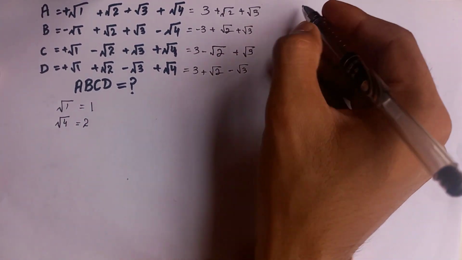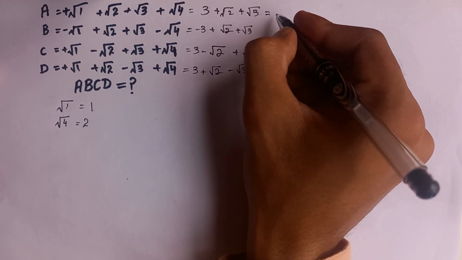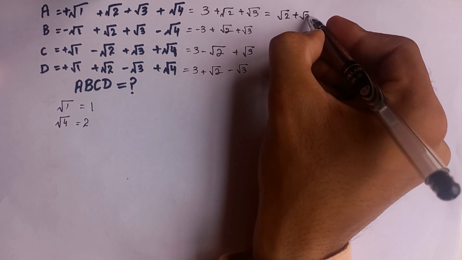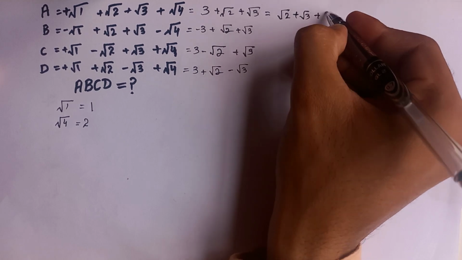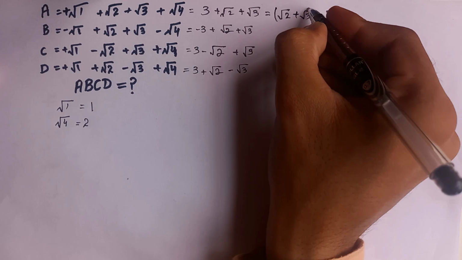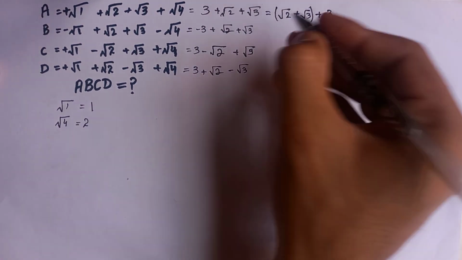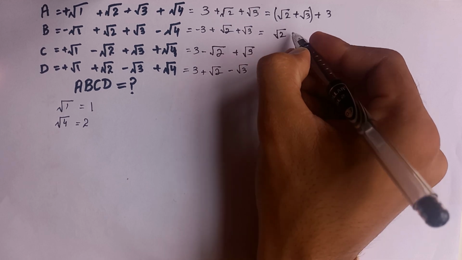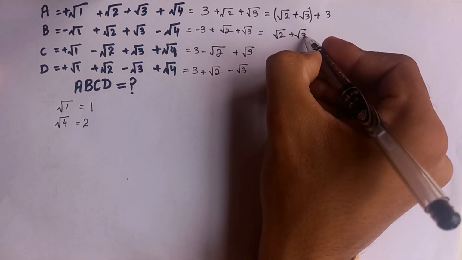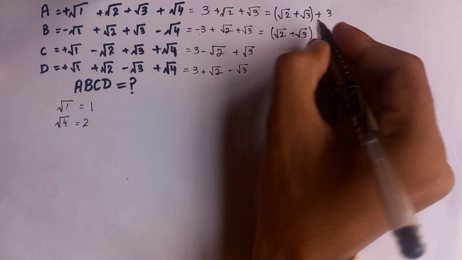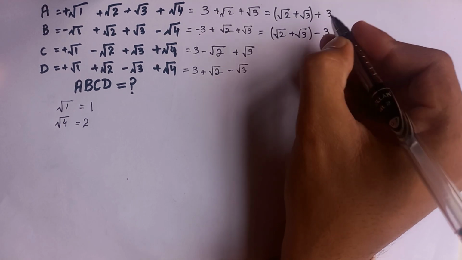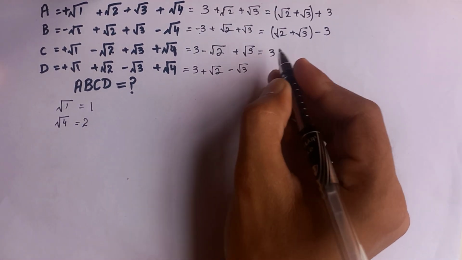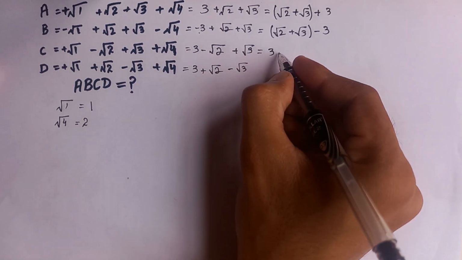Now the value of b can be written as root 2 plus root 3 minus 3. If we take minus common from here, what we will get?